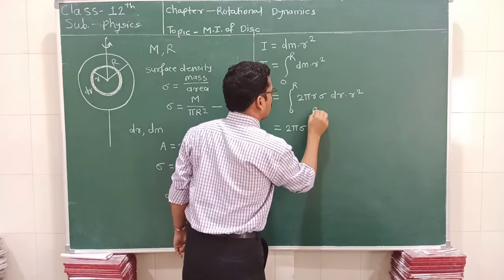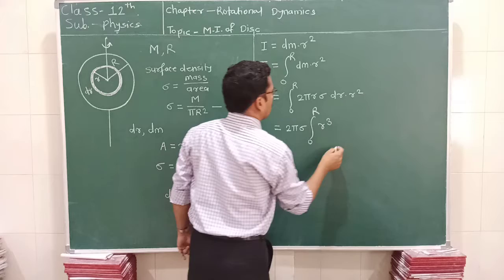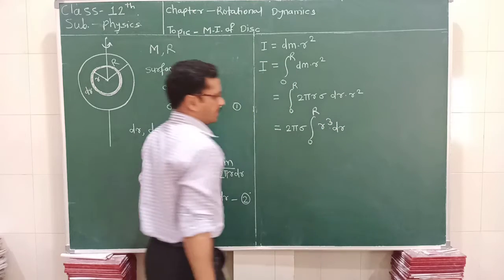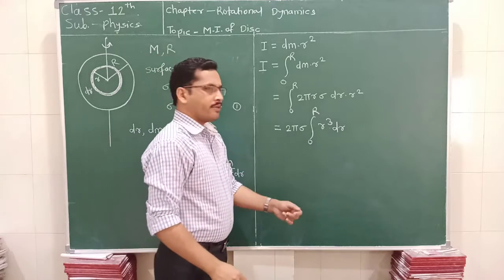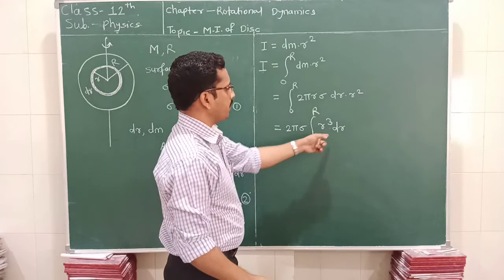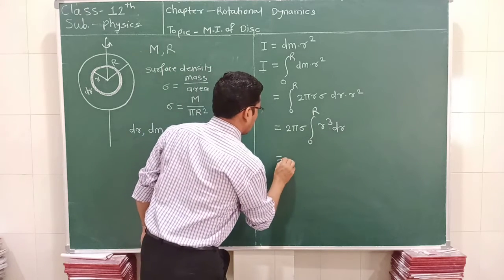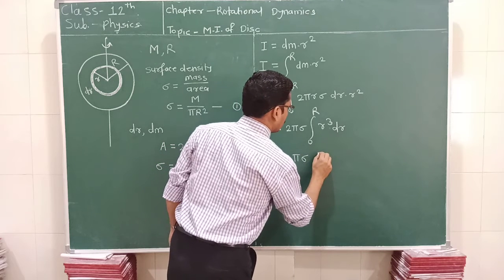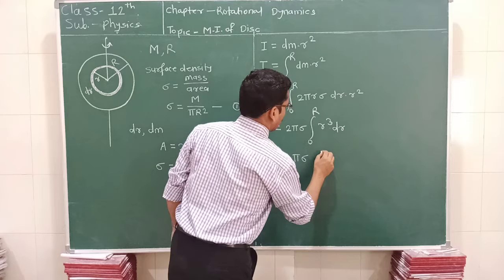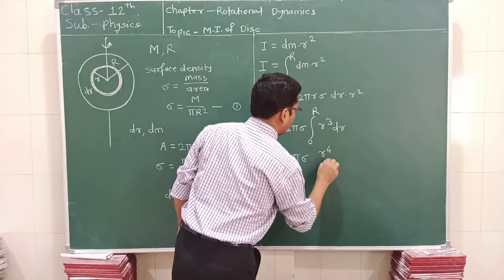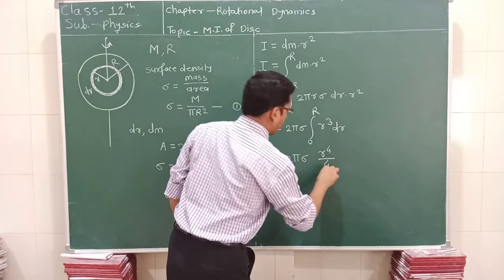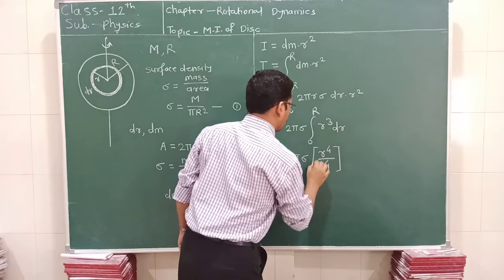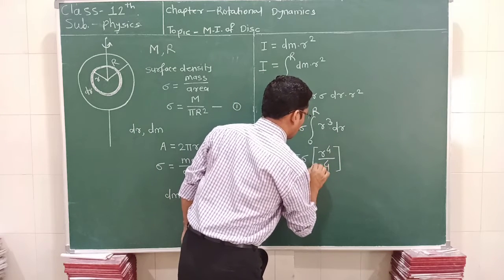Therefore, the integral from 0 to R of r cube dr. In 11th standard we learn this simple integration, and the answer is r to the power 4 divided by 4, with the limit from 0 to R.